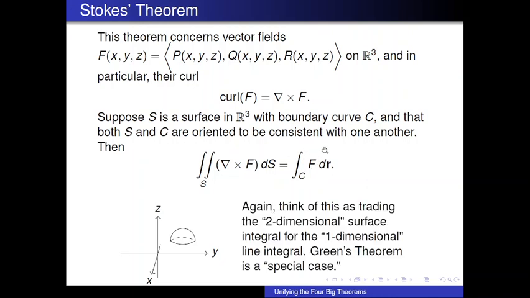So we can think of this as trading the two-dimensional surface integral for the one-dimensional line integral. And remember, too, that if we had our simple closed curve C and our surface S both lying flat in the xy plane, then Green's theorem was the exact result that we got from applying Stokes' theorem. So that integrand from Green's theorem is, in fact, the z component of the curl of f.